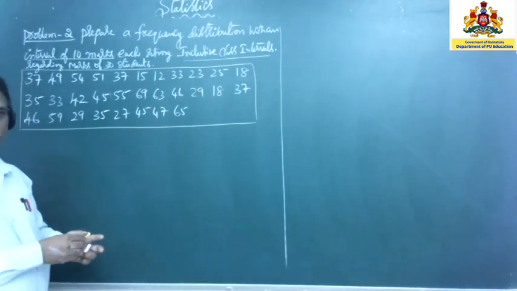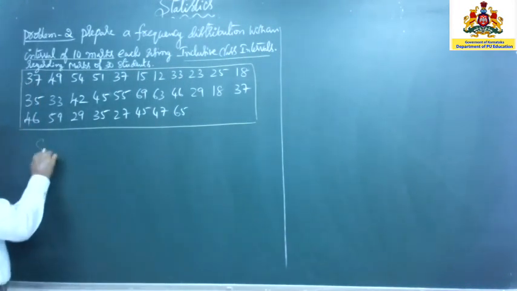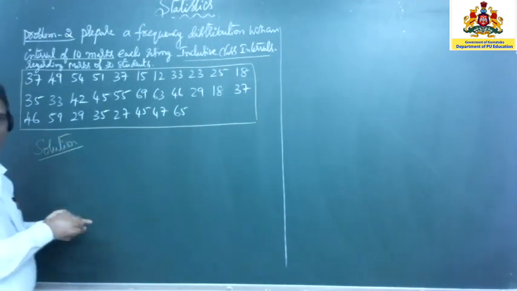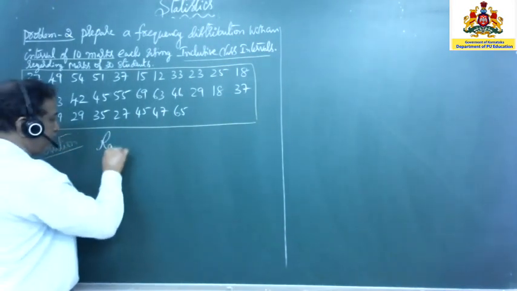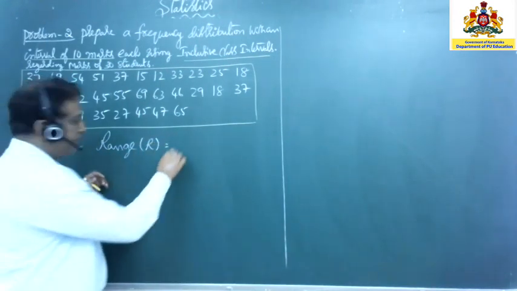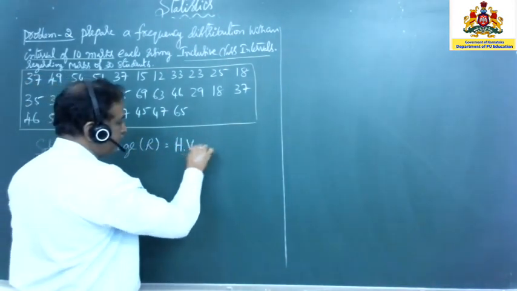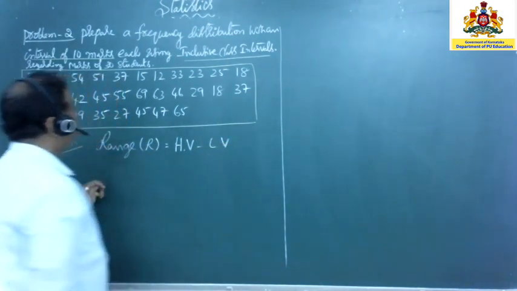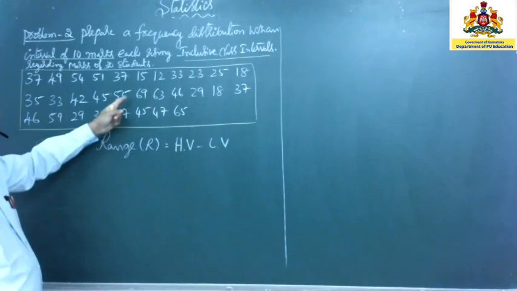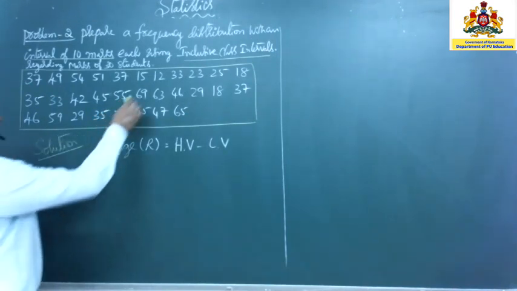Here, first, in the solution, you have to find the range. The range formula is highest value minus lowest value. What is the highest value among the 30 values? 69 is the highest value.